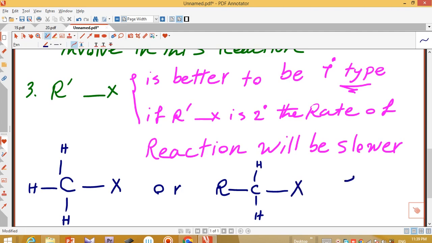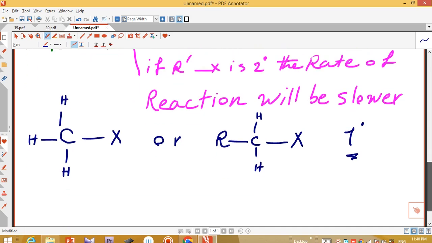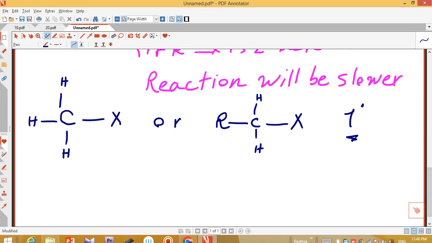Just let's look at this carbon. This carbon has been connected with a single bond to only one carbon. So if our carbon is connected only to one other carbon, this type of carbon is carbon type 1.